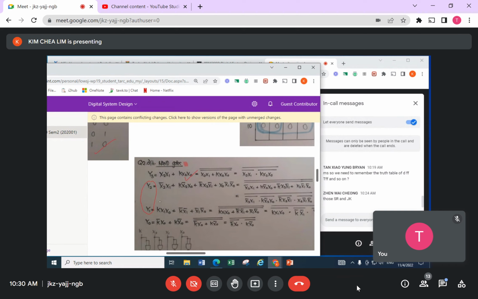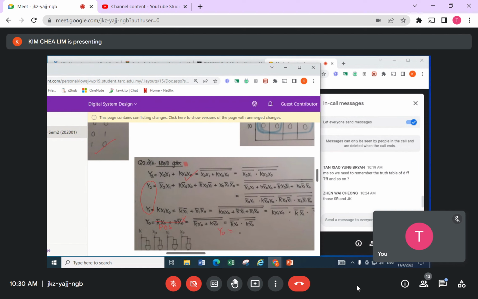But for Y0, I think this is not proper because the question requires us to use POS. So for POS, I am not going to do this one. I am going to loop the 0.